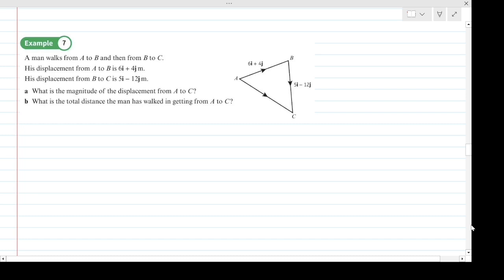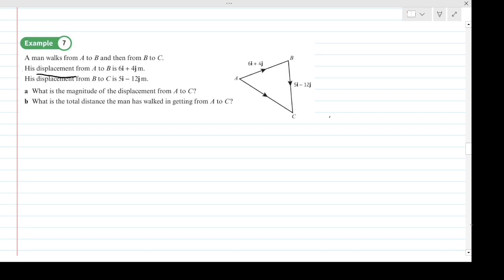Okay, so here we've got this question, and we're told a man walks from A to B and then B to C. So again, along this line here from A to B, and then B to C along that line. Okay, we're told that the displacement from A to B is 6i and 4j. So again, remember, displacement just tells me the vector to go across to get from one point to another.